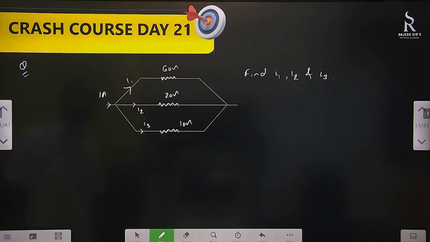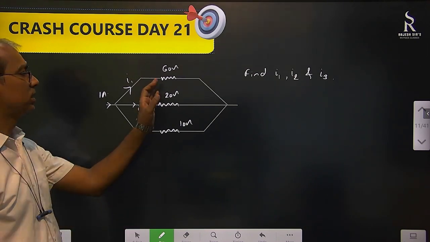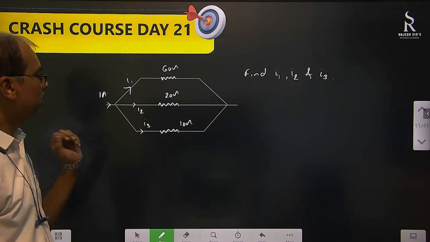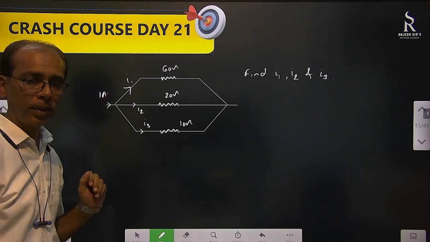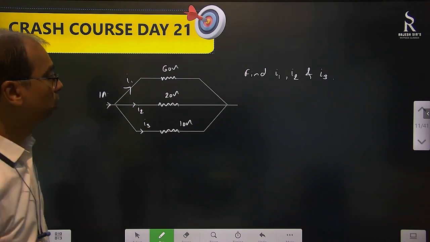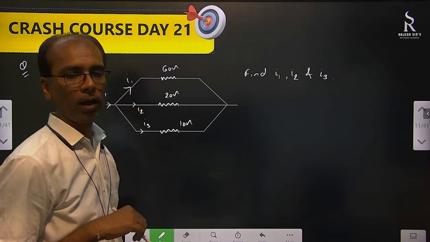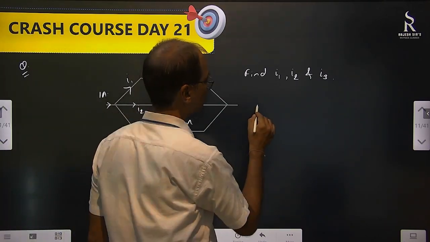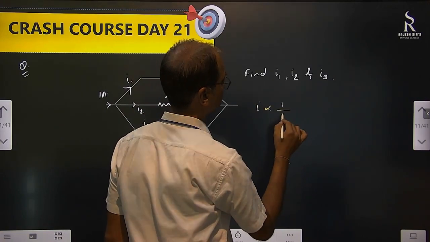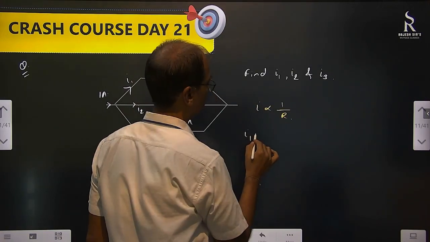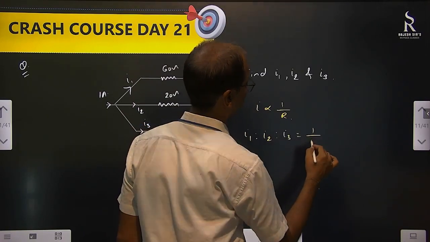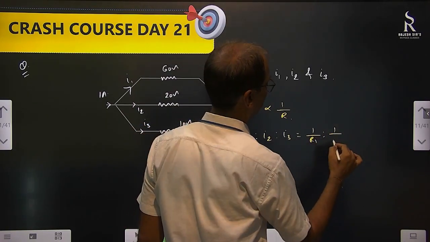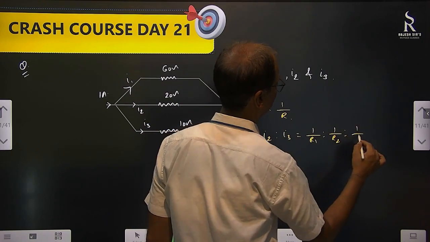Alright. So 3 resistors are connected, 60, 20, 10. 1 ampere is coming from here. We have to find what is I1, what is I2, what is I3. Are they connected in parallel? Yes. So I is equal to V by R. That means I is inversely proportional to R. So I1 is to I2 is to I3 equal to 1 by R1 is to 1 by R2 is to 1 by R3.